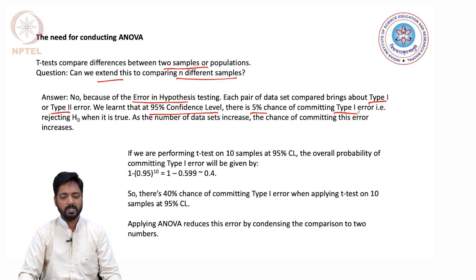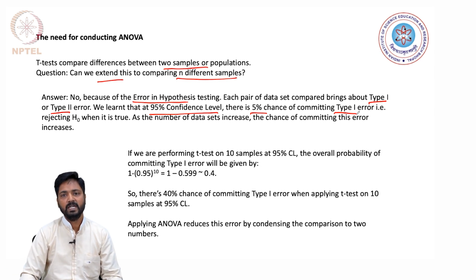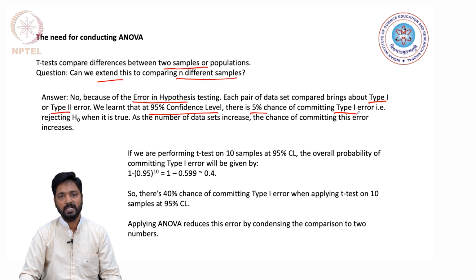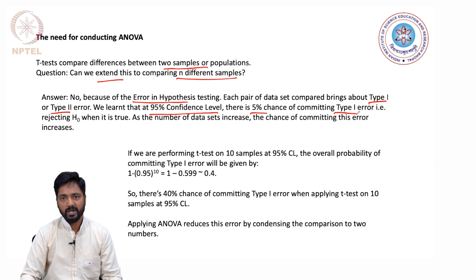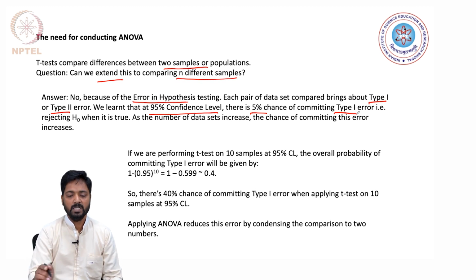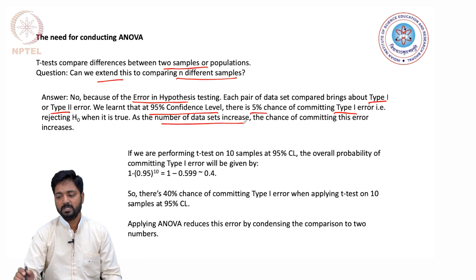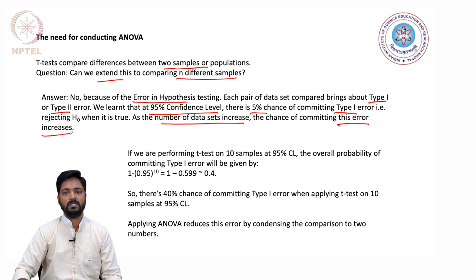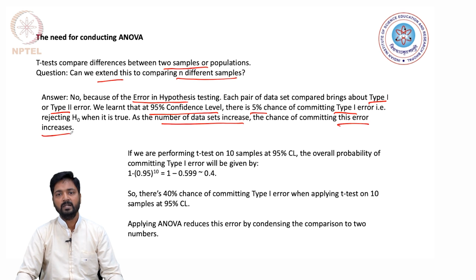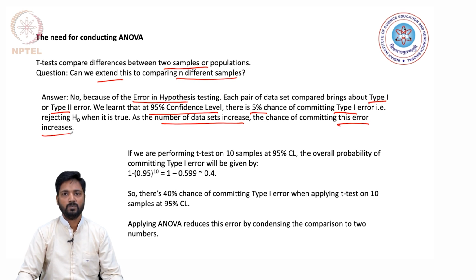And a type 1 error is when we are rejecting H naught, the null hypothesis, when it is actually true. So the important take home message is that as the number of data sets increases, the chance of committing a type 1 error also increases. So we will not be able to apply the t-test on a large number of samples.